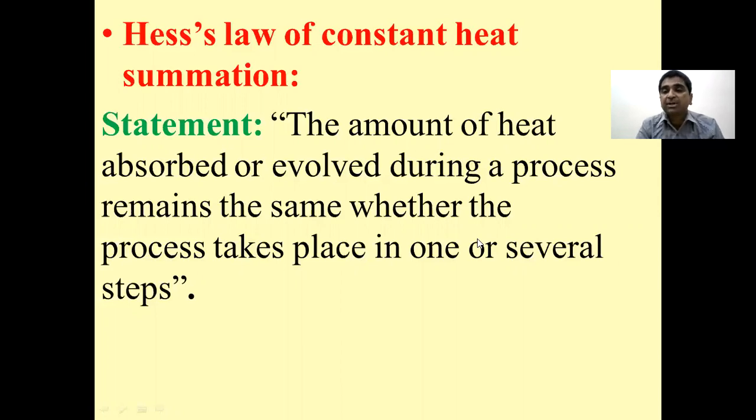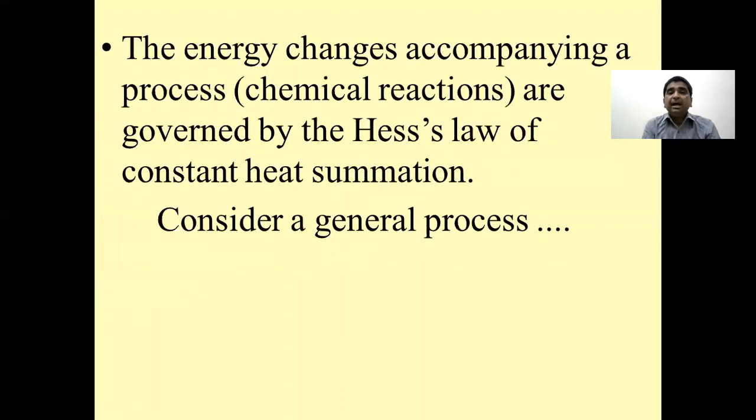It means if some conversion takes place in one step or five steps, then whatever is the change in heat absorbed or evolved for that one step process or five step process, that remains constant. That is, energy changes accompanying chemical reactions or chemical processes are governed by Hess's law of constant heat summation.